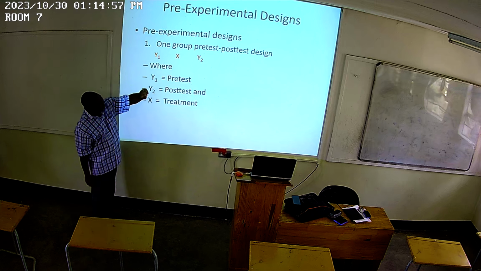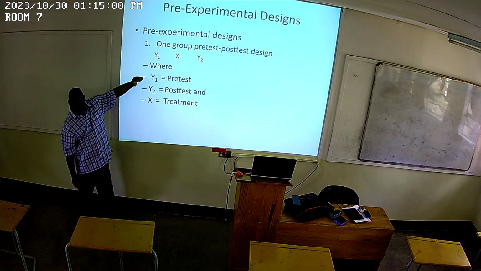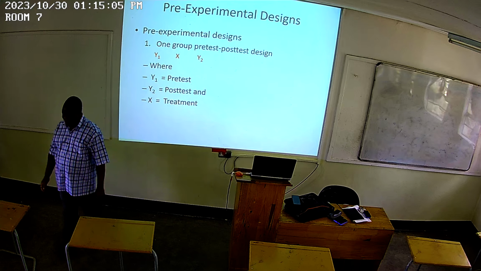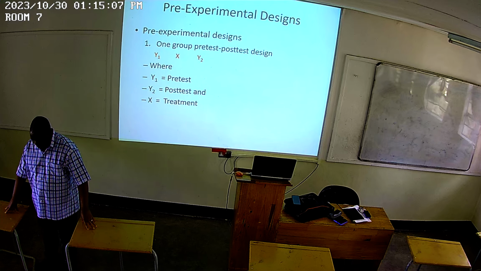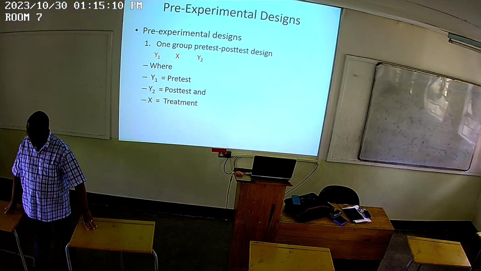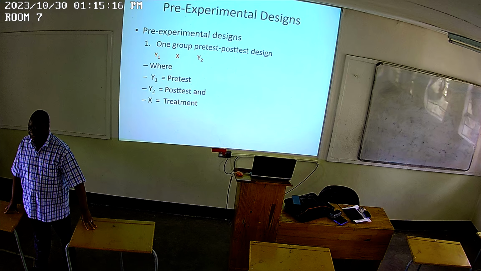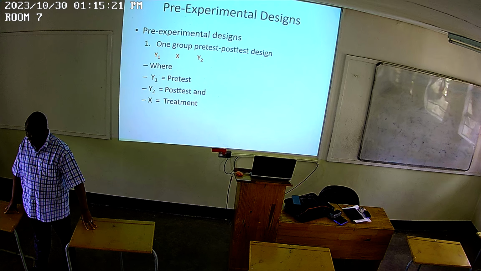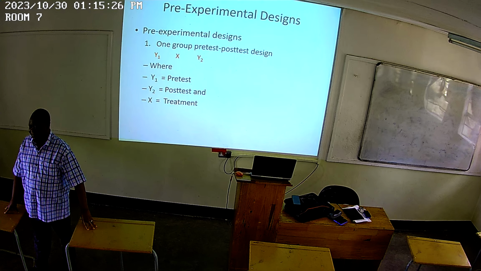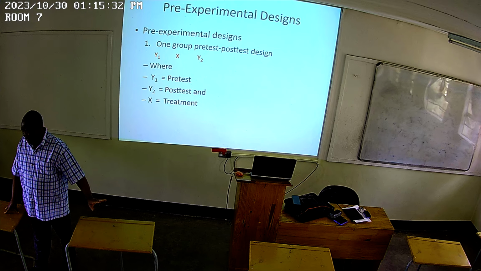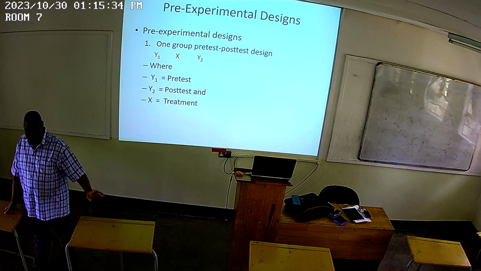Let's assume that this experiment you are conducting is related to a new teaching technique you have introduced in class, and you want to assess whether the new teaching technique is making students perform better than the regular teaching. Now here you have only one class, because there is only one group, right?